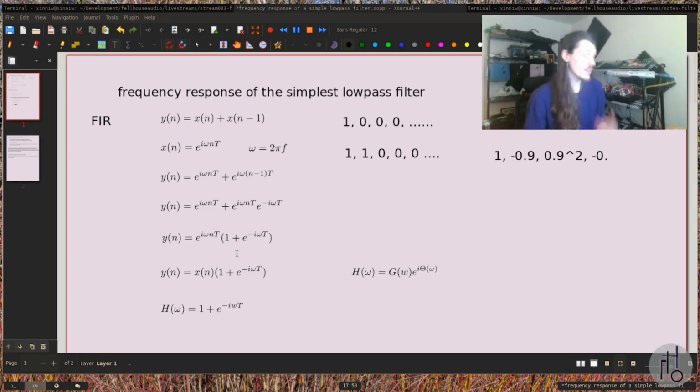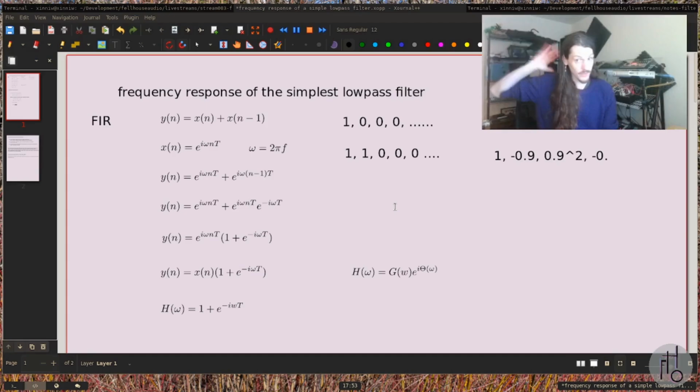So we could make a better low pass filter, and the way that we would do that is we would use more and more past sample information. So we could make a filter equation that uses x of n minus 1, x of n minus 2, x of n minus 3, 4, 5, 6, 7, 8, and so on.